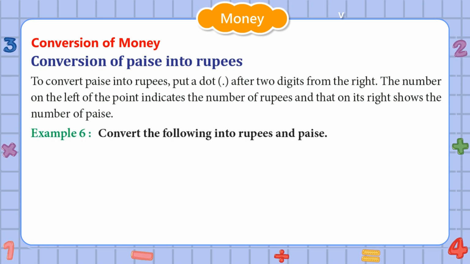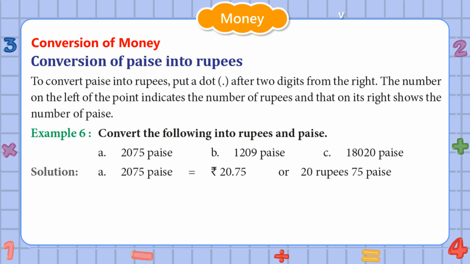Example 6. Convert the following into rupees and paise. A. 2075 paise. B. 1209 paise. C. 18,020 paise. Solution. A. 2075 paise is equal to ₹20.75 or 20 rupees 75 paise.